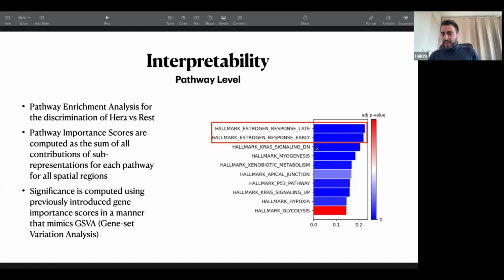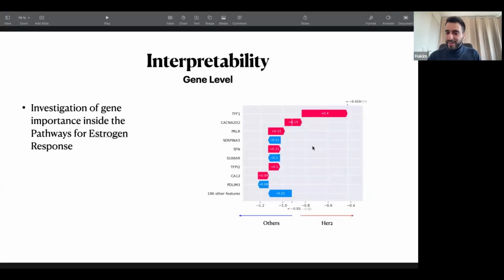One thing we can do is go a little deeper into the estrogen response and see the gene level interpretability. So here we can analyze what actually happens inside the estrogen response pathway, and we can output a gene level importance score.